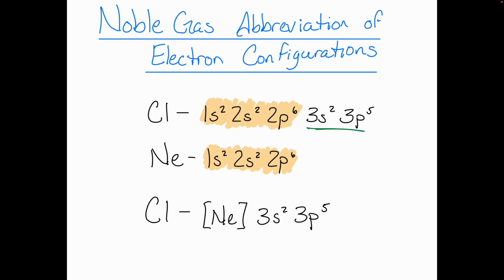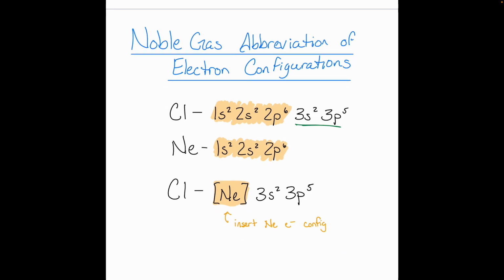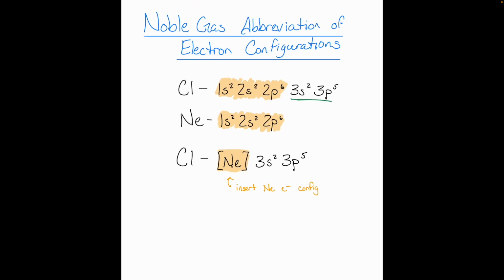And this bracket Ne that I put at the beginning means insert neon's electron configuration in order to finish off chlorine's. All right, so this is just a shorthand that we can use to make our lives easier.